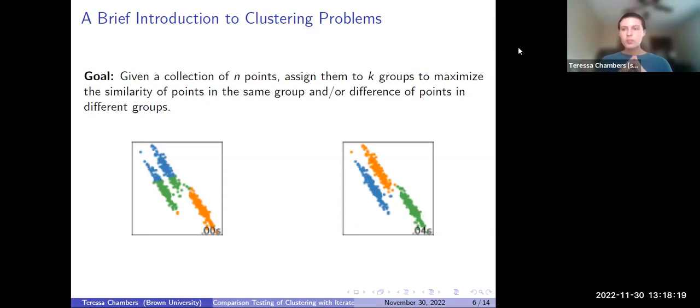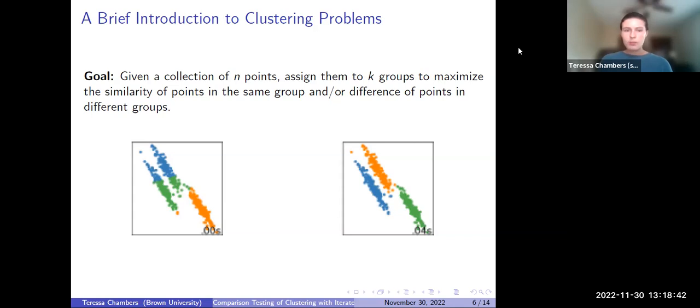So current algorithms, a lot of them will try to solve the clustering problem for a bunch of different values of K, a bunch of different numbers of groups to sort things into, and try to see which one gives the best results.